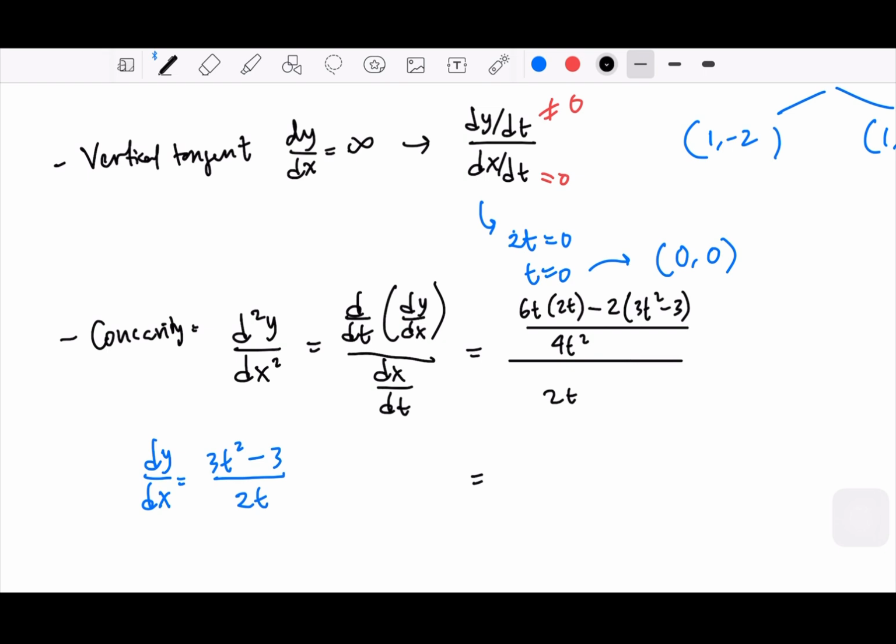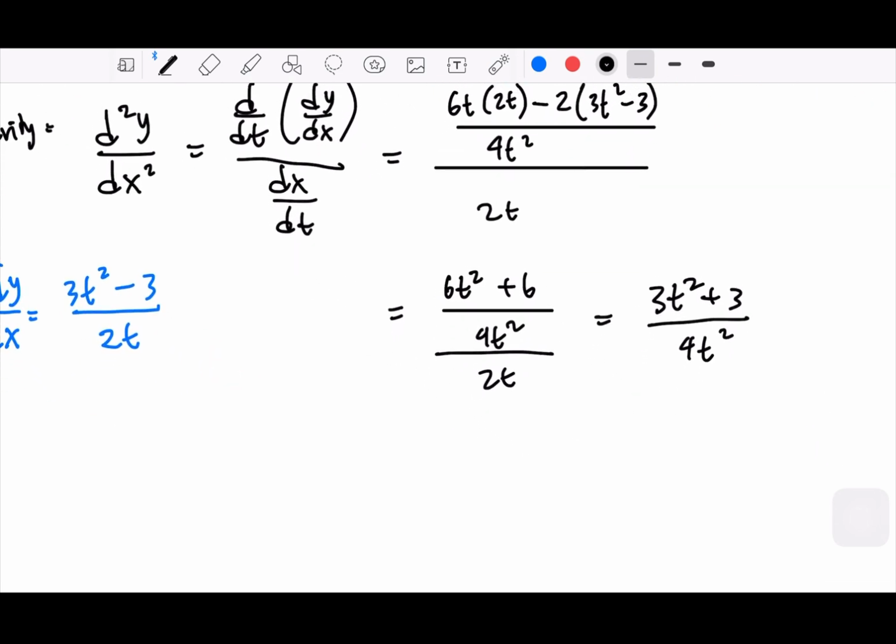After some calculations, we get 6t squared plus 6, over 4t squared, divided by 2t. Okay, now we have these expressions, these fractions.